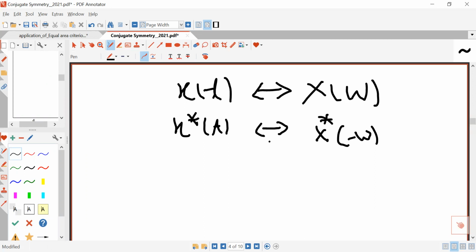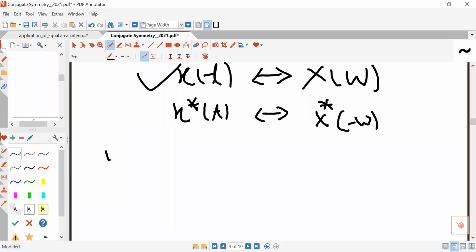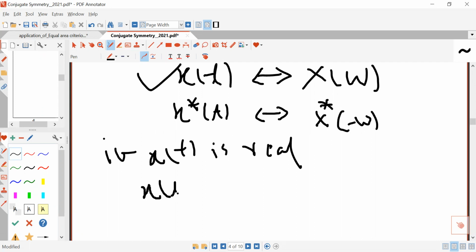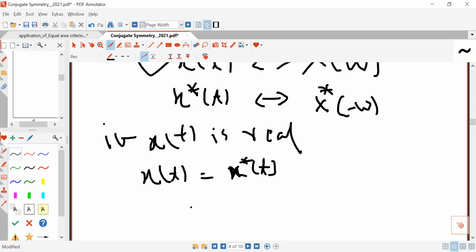Now, if x(t) is real, then x(t) and its conjugate will be the same, because for a real signal there will be no imaginary term. So x(t) and x conjugate (t) will be equal to each other.